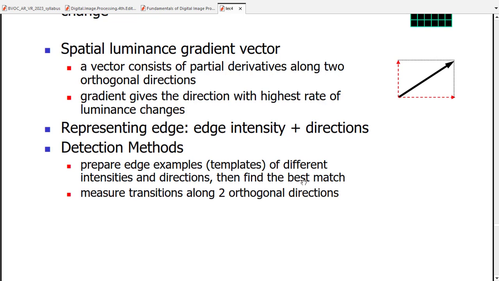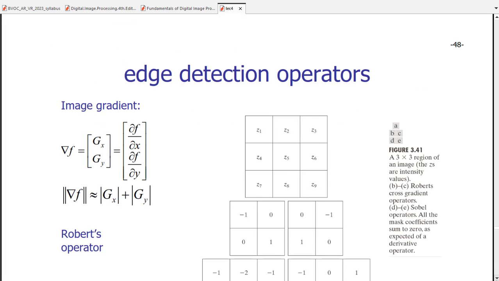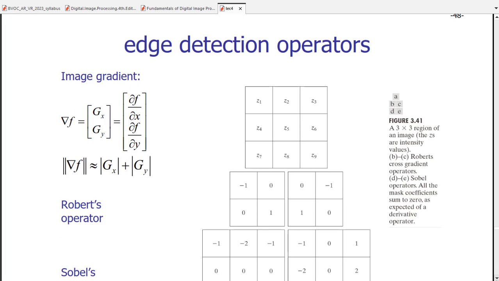The edge detection operator is analyzed from the different mask values Z1 to Z9, connected with delta F, Gx and Gy, dou F by dou X and dou F by dou Y. Delta F is approximately the norm of Gx plus Gy. The Roberts operator uses a 2 by 2 matrix with -1, 0, 0, 1.